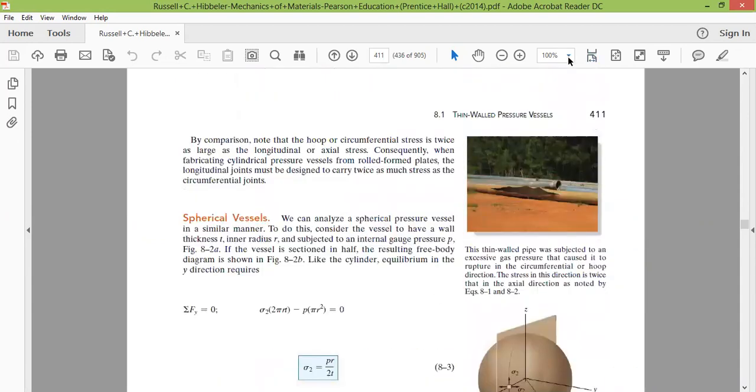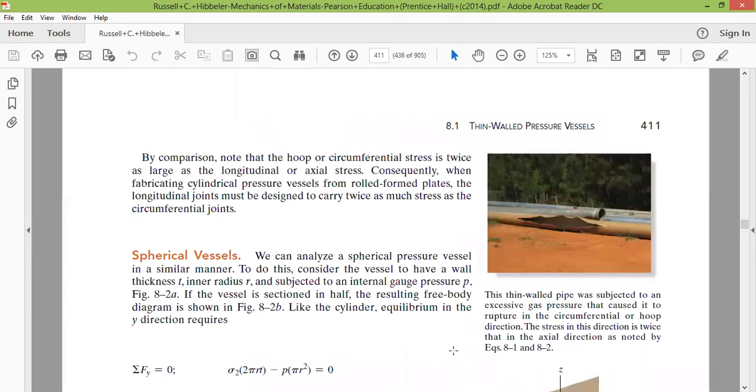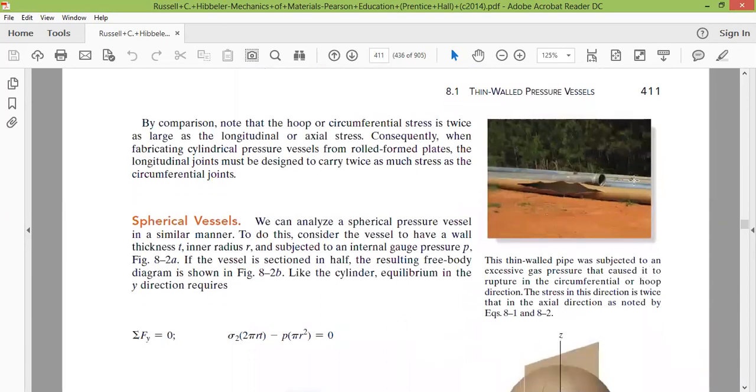Before we understand the spherical pressure vessel, if you look at the corner of your book, there is a cylindrical pressure vessel that has been shown, and this cylindrical pressure vessel has undergone a rupture, that is the breakage of the material has taken place.